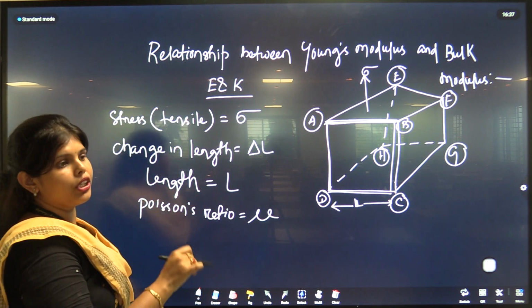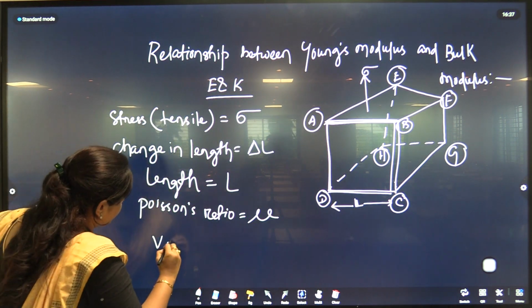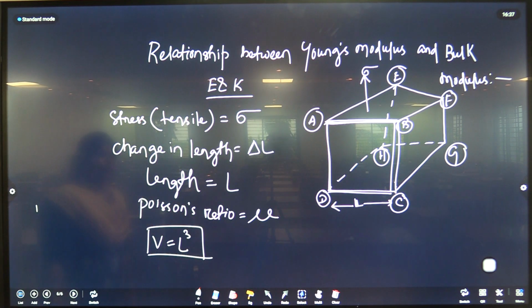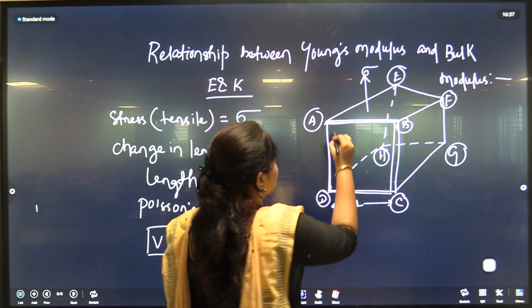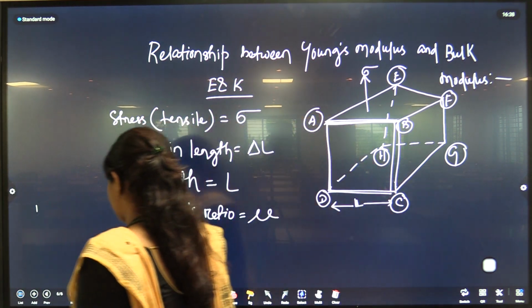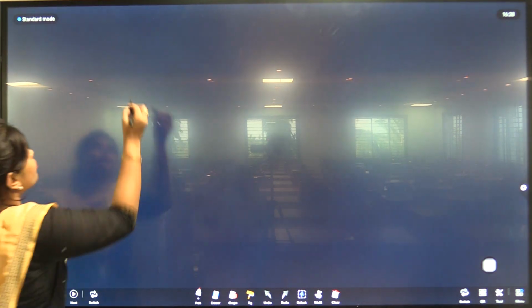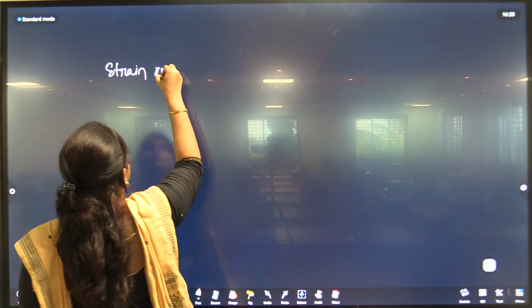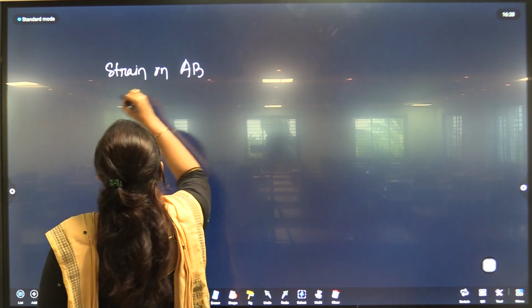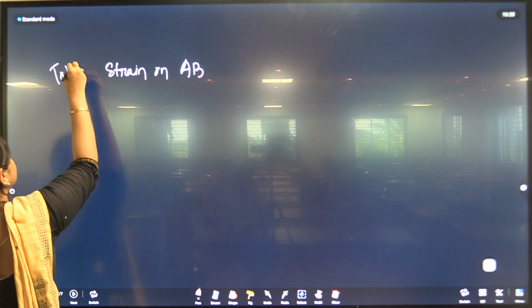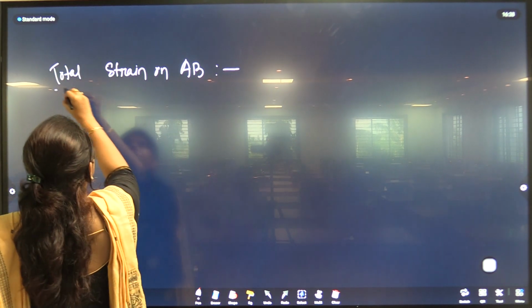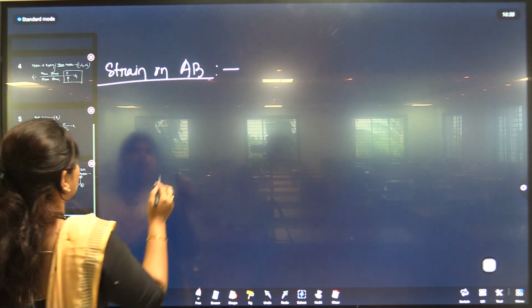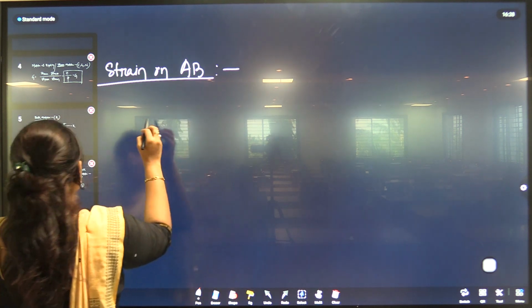To calculate the volume of the cube, V will be L cubed. So, the total strain on AB will be what?